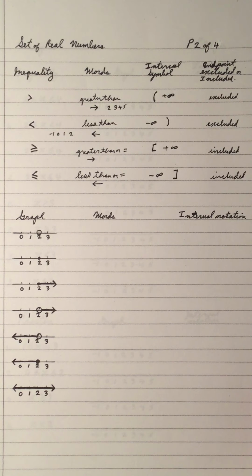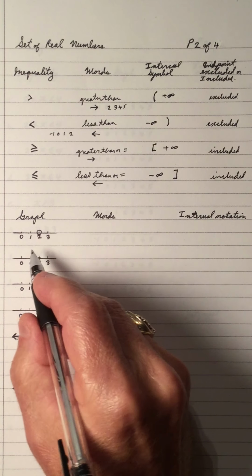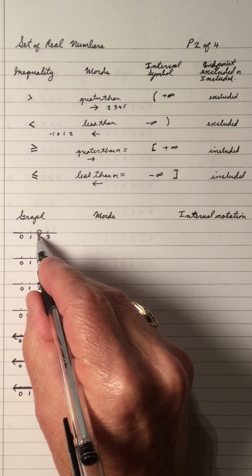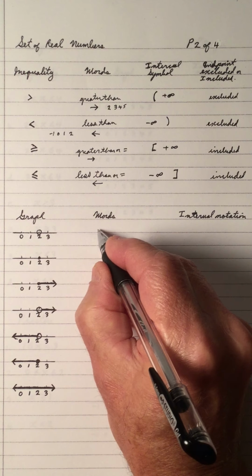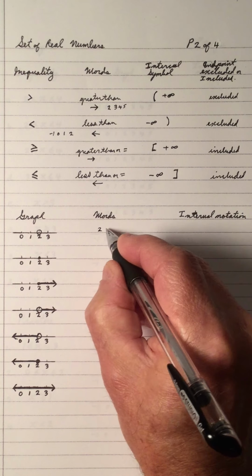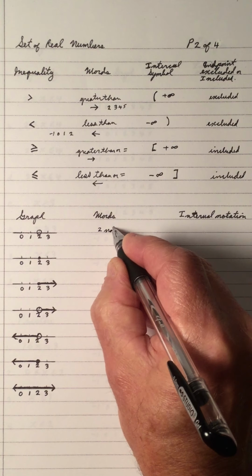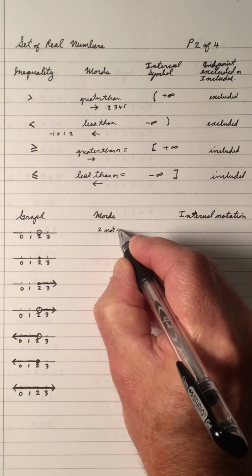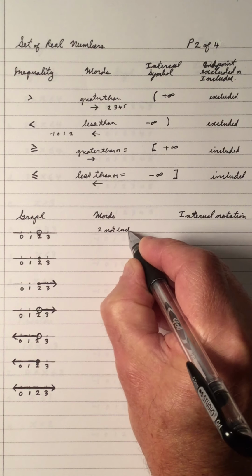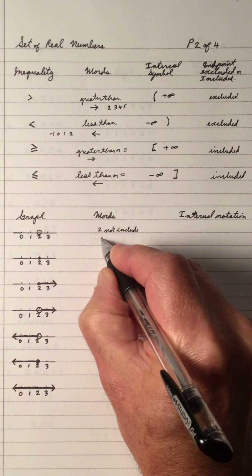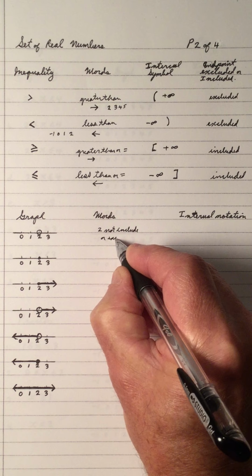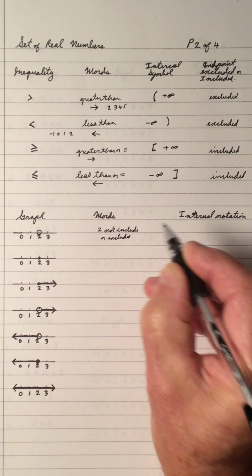Okay, let's look at a graph. In this graph, notice we have an open circle, so that means we have a 2 that's hollow, so it's not included, or is excluded. Whatever way you want to say it.